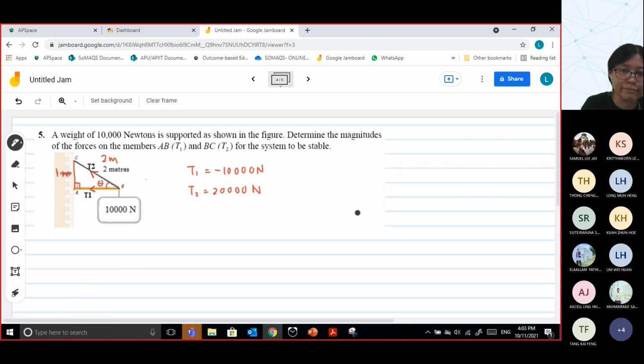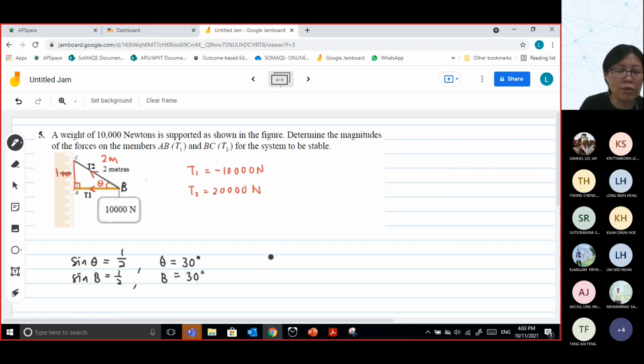Students? Sine. Okay, thank you. Sine theta will be 1 over 2. If sine theta is 1 over 2, that means theta is 30 degrees. So B is actually 30 degrees. Now we can move on for the rest of it.